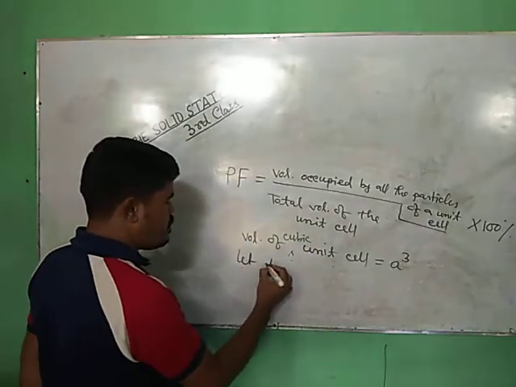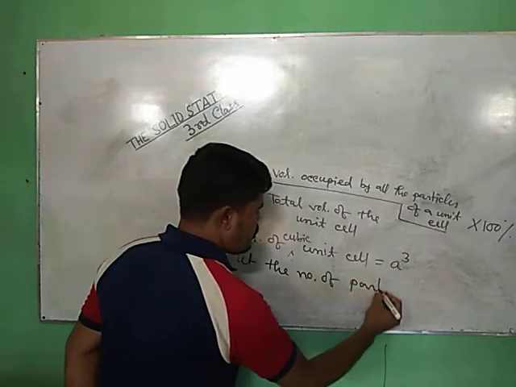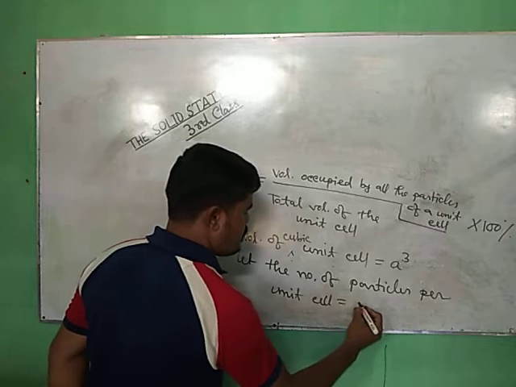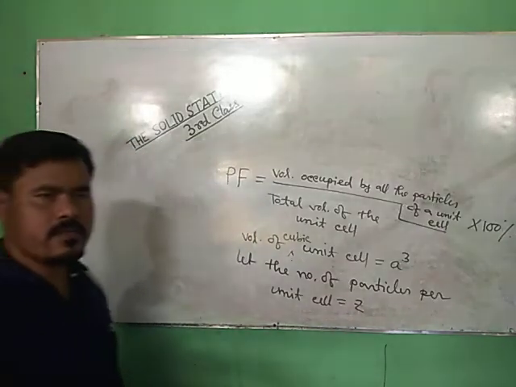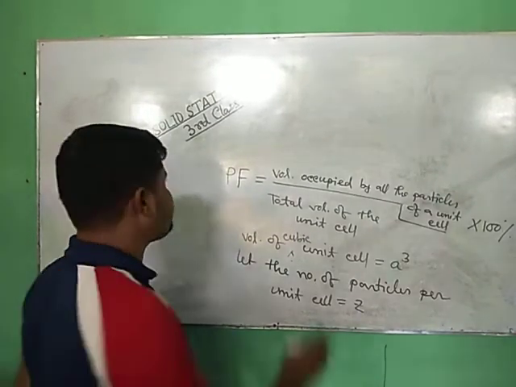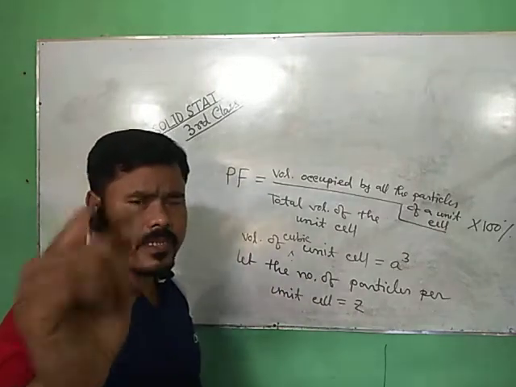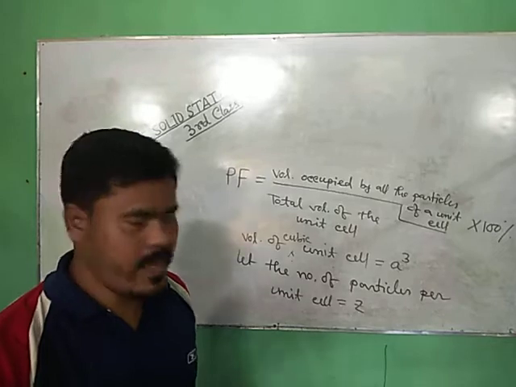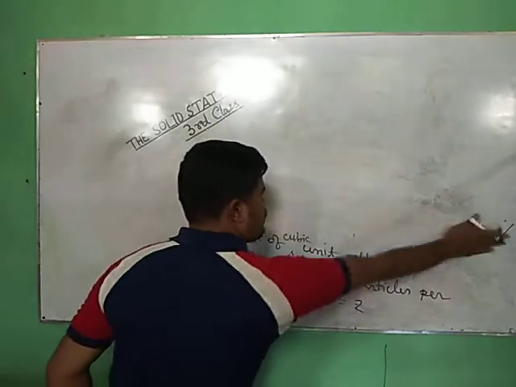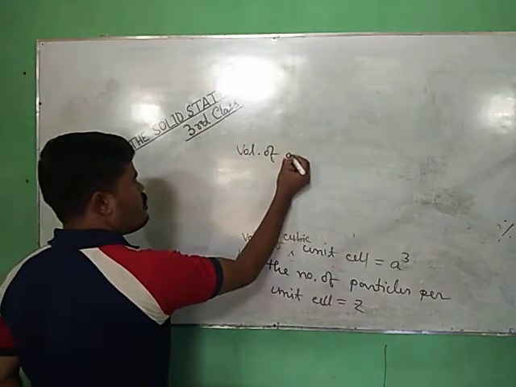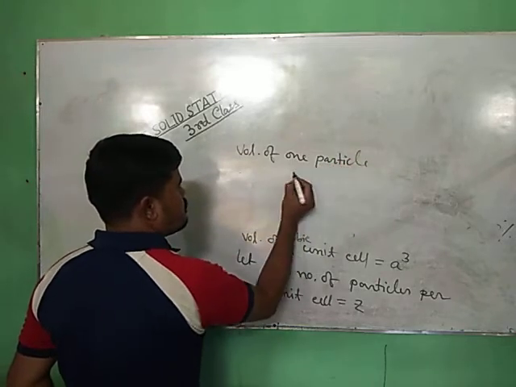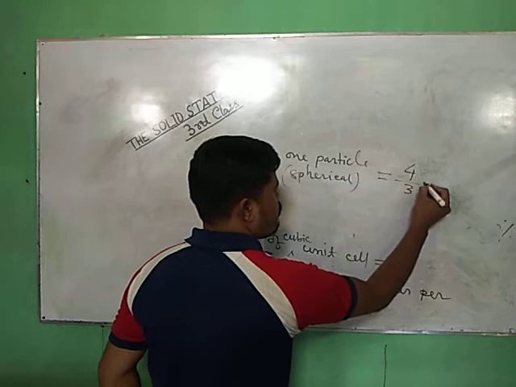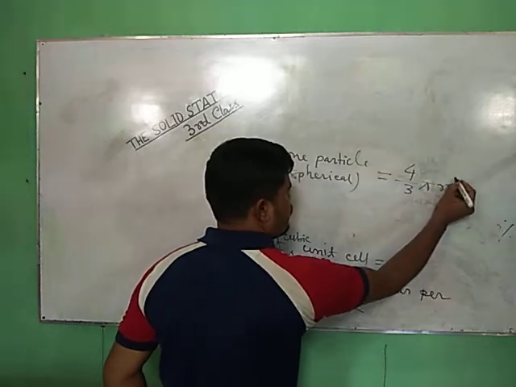Let the number of particles per unit cell be Z. In the discussion of packing of crystalline solid, the particles are considered as spheres. So, what is the volume of one spherical particle? 4/3 pi r cube.